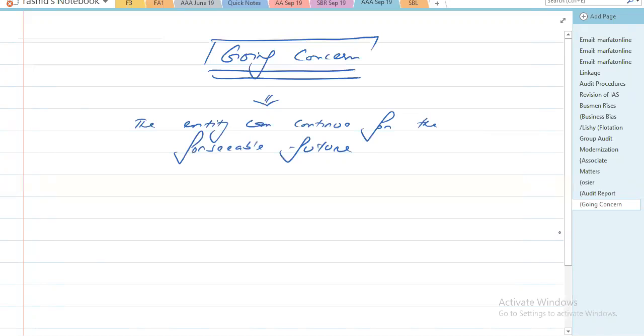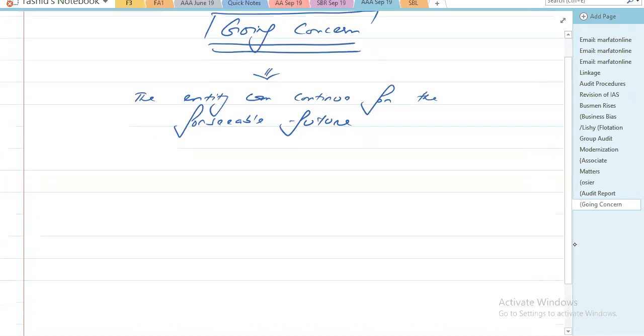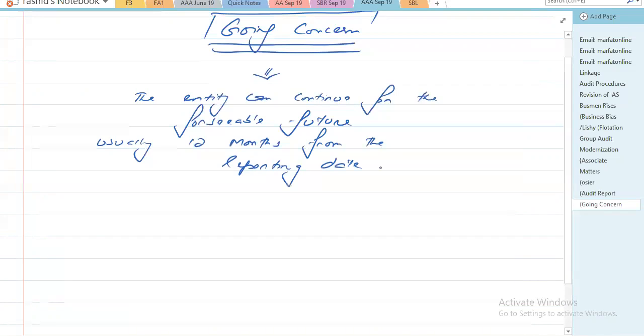The entity can continue for the foreseeable future, which is normally 12 months from the reporting date.